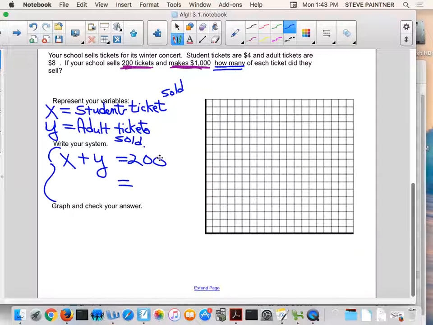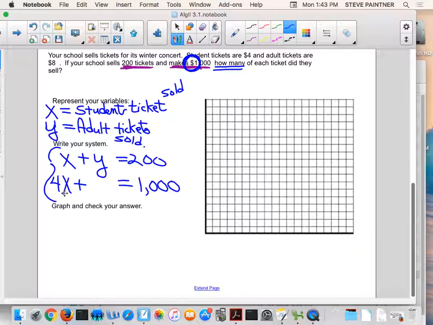Now the other one is not going to be tickets. It's money. So it's money plus more money equals total money. How much total money did we make? $1,000. But how did we make $1,000? 4x. Why 4x?